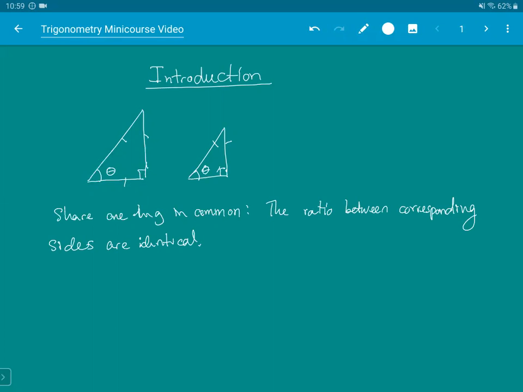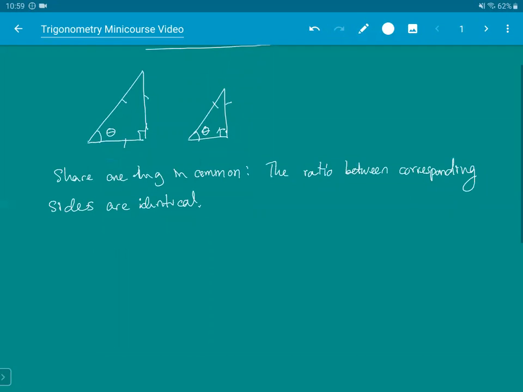So let's be a little bit more specific. With respect to this angle, this would be the opposite side, and then this would be the hypotenuse. And with respect to this angle theta, this would be the adjacent side. That's just the naming convention that we'll use.